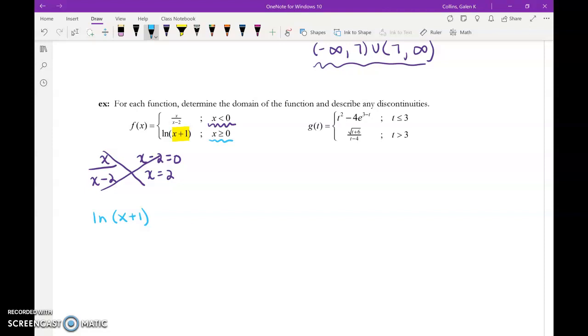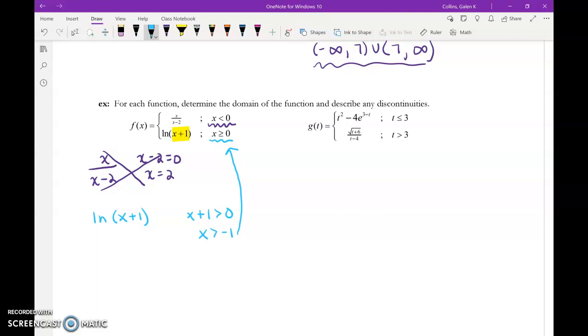So that means that x plus 1 must be greater than 0, which means that x must be greater than negative 1. Again, this is not really a concern for us because negative 1 is not greater than or equal to 0. So we're never going to plug a negative 1 into this function.